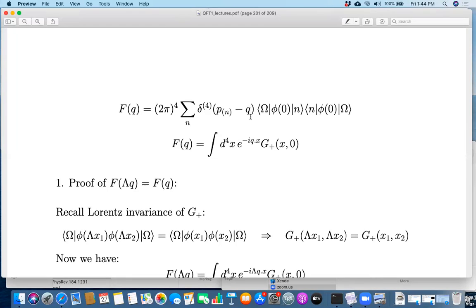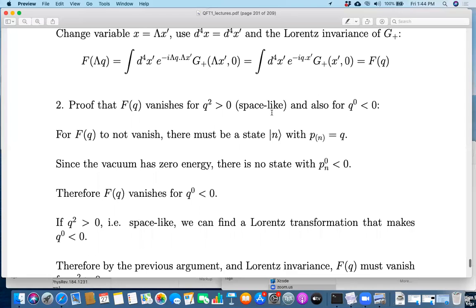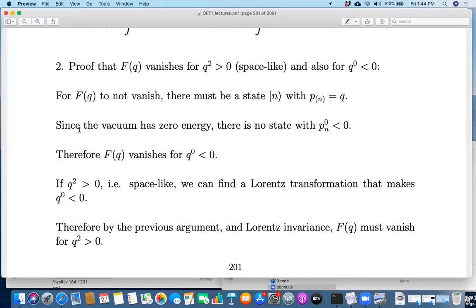Now, if q naught is negative, that means that in order for this to be non-zero, there must be some state n for which pn0 is negative, because pn0 has to be equal to q0. But we have assumed that the vacuum has 0 energy. Remember that we assumed that all the Lorentz generators P mu annihilate the vacuum. And because the vacuum is the lowest energy state, there is no state with pn0 less than 0.